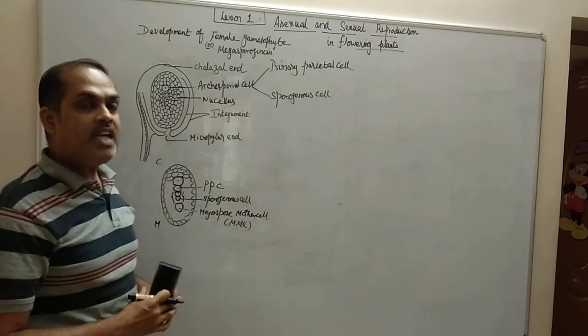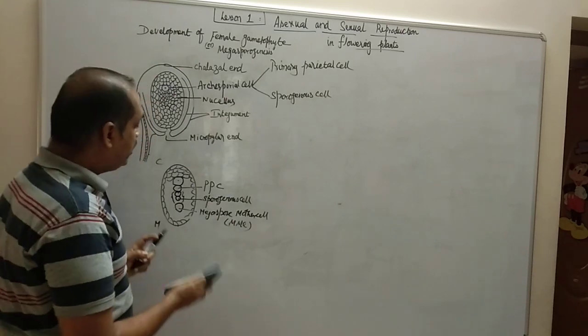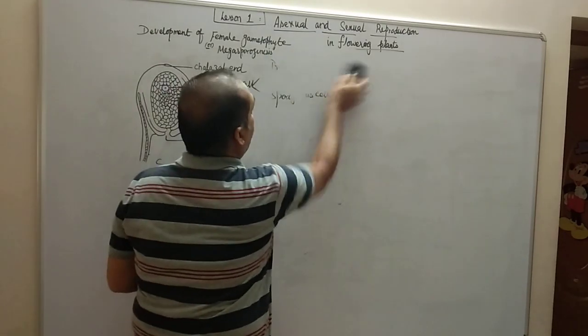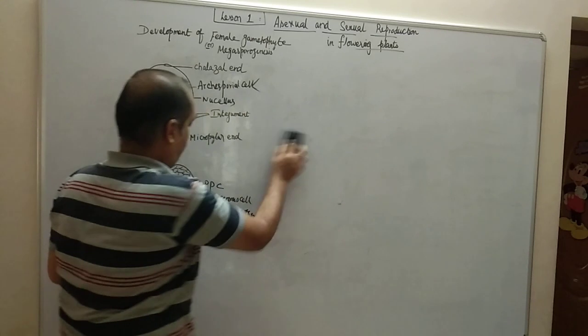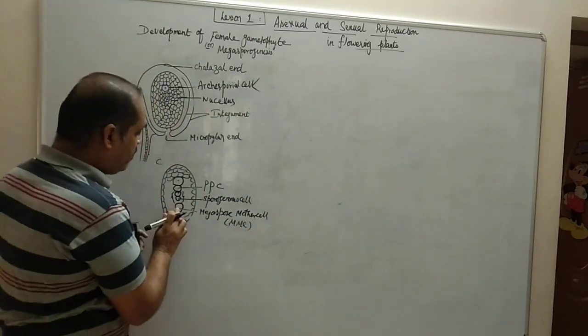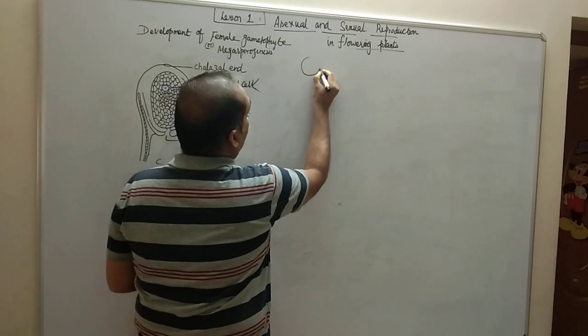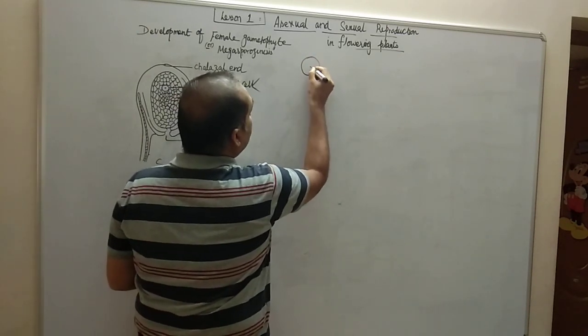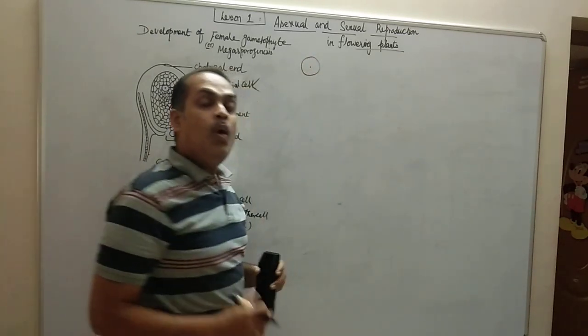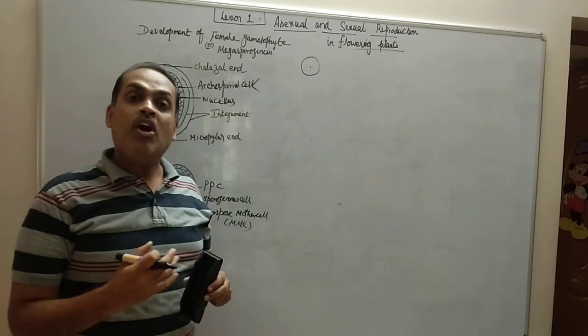Now for our understanding, let us take only one cell. I am taking this megaspore mother cell here. Now this megaspore mother cell will undergo meiotic division.